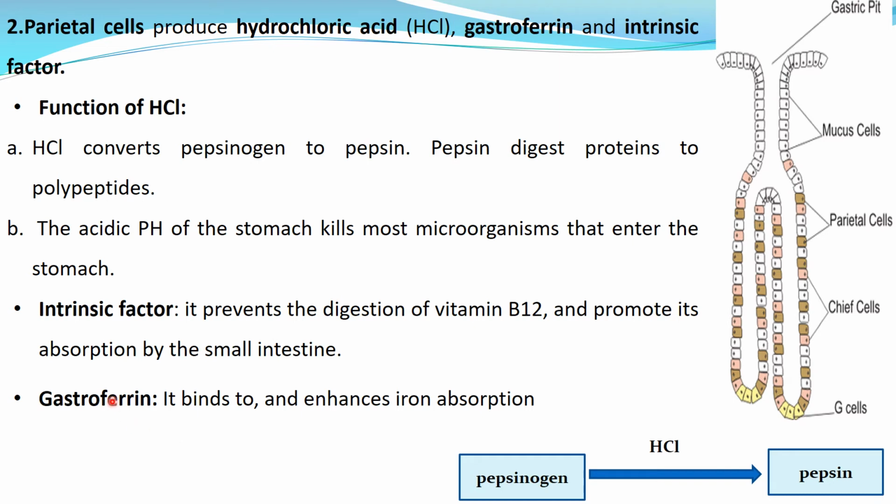Again, for instance, any person who has difficulty with the stomach, such as gastric bypass or gastric cancer, might suffer so much from iron deficiency as a result of the blood.